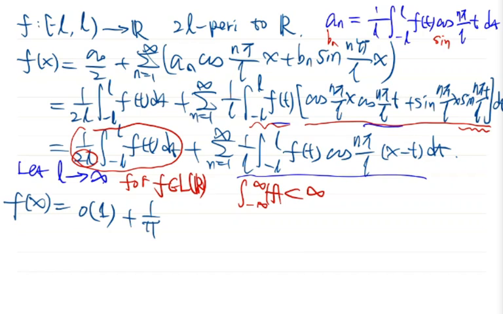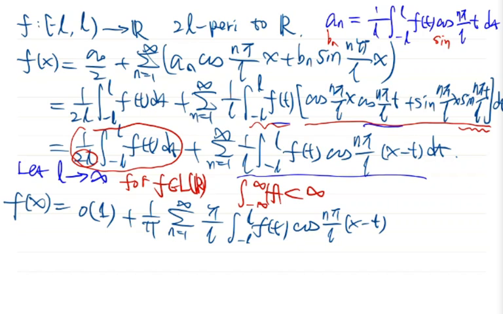rewritten in another form, the sum over n from 1 to infinity, (1/pi) times pi/L, integral from minus L to L, f(t) cosine (n pi/L)(x minus t) dt.